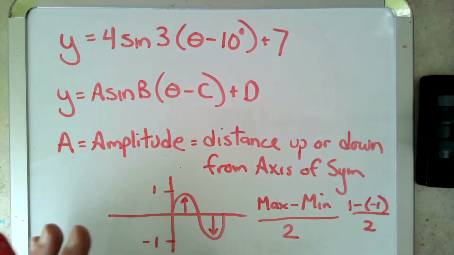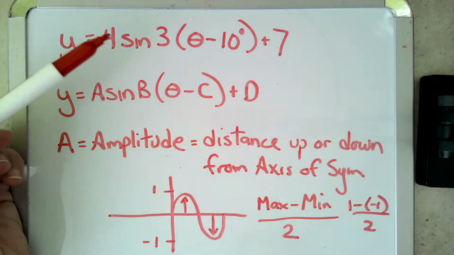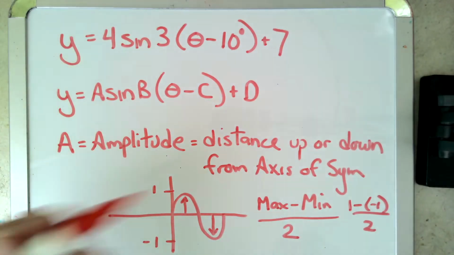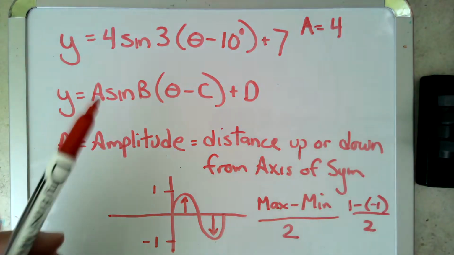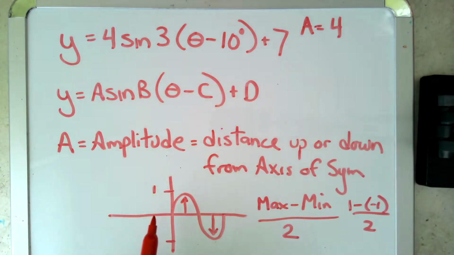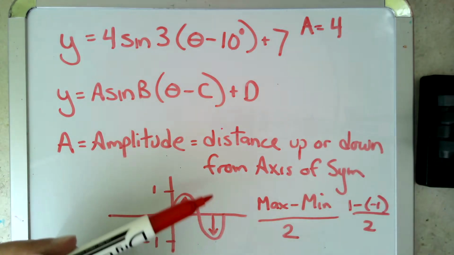And so in a non-translated sine wave, our amplitude is 1. However, in this sine wave, our amplitude is 4. So that means wherever our axis of symmetry ends up, we will go up a distance of 4 and down a distance of 4.